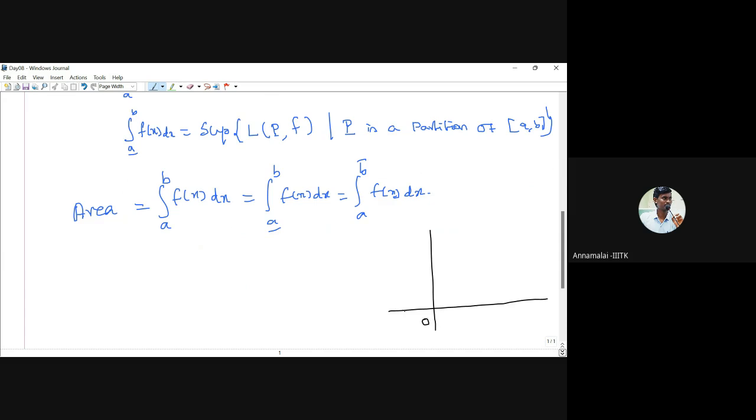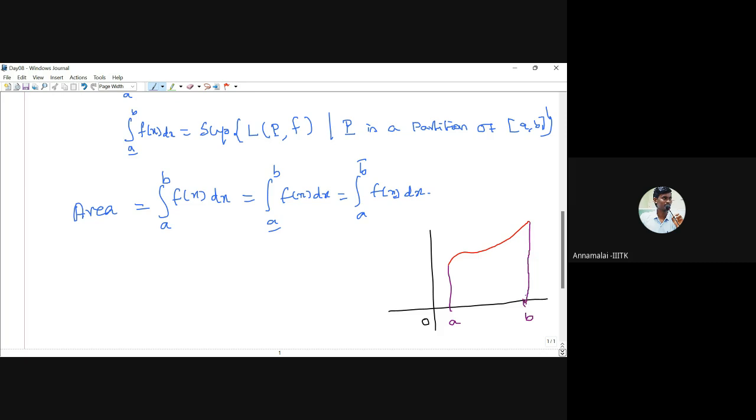In this we have two points a and b, because the domain is [a, b]. So a is here, b is here. The function should be a continuous function, so maybe the function looks like this. For each point we can define the function. Now we can look at this as a shape like this. Okay, so this is b.